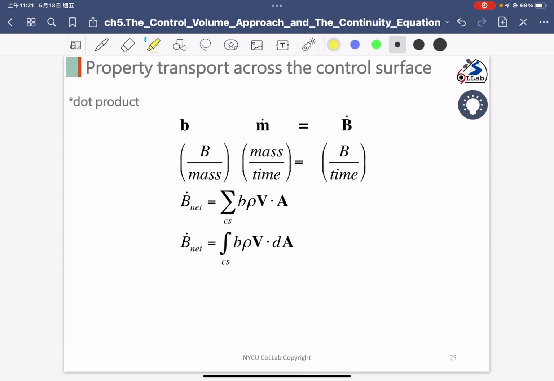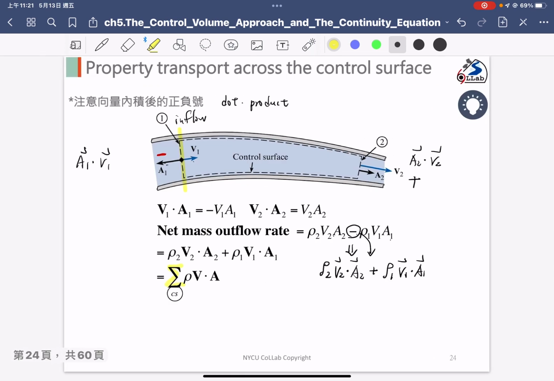So finally we can summarize the previous along the control surface. We can rewrite it as B, and this is the net extensive. Okay, extensive net.